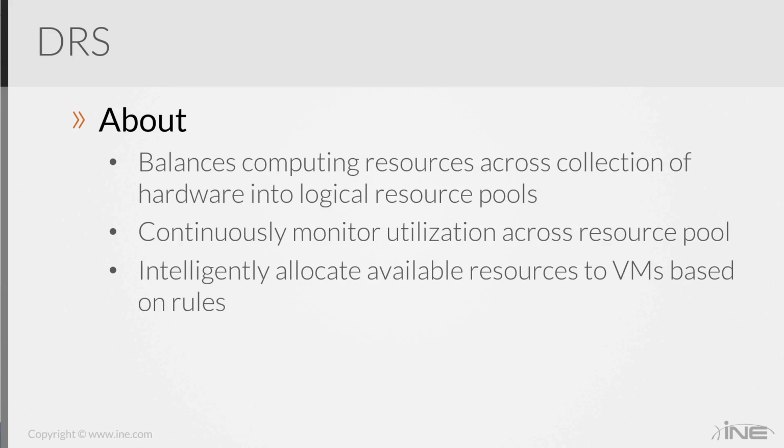Okay. With DRS implemented on a cluster, when the virtual machine is powered on, DRS would make a determination to place that VM on the appropriate host. Okay, and this would be based on the automation level that we would have chosen during the implementation of DRS.